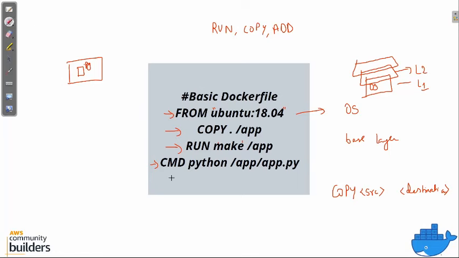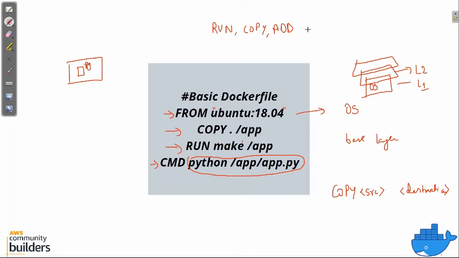So this cmd is followed by any command, it can be anything. So I'm writing here python and then the file name. If it is node, we will write node and then the file name, so it will run it. So cmd and then python and then the file name, so that it will run the application that is there inside this container. And this cmd will not create any other layer, right?